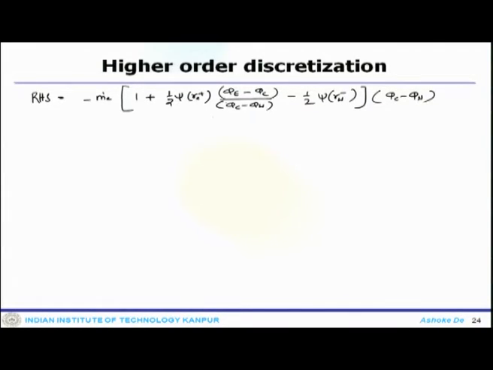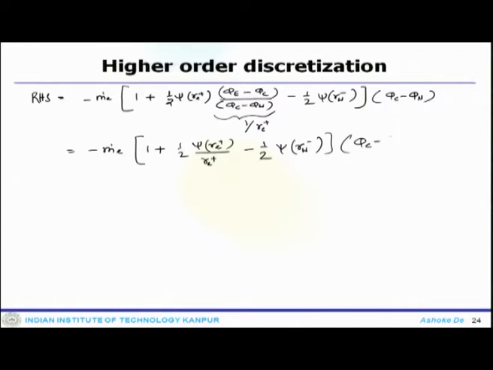This one is actually 1 by r e plus. So, if you write m dot e times 1 plus half psi r e plus by r e plus minus half psi r w minus, multiplied with phi c minus phi w.